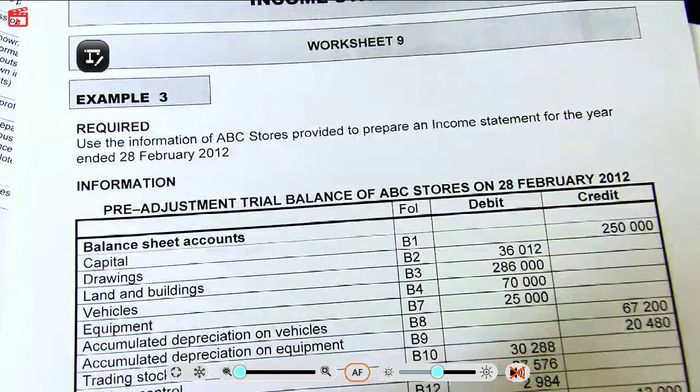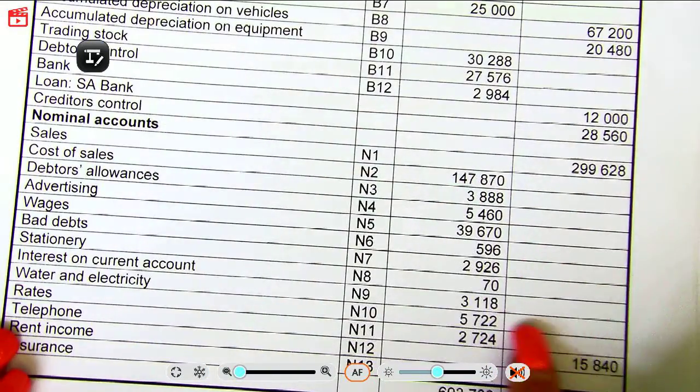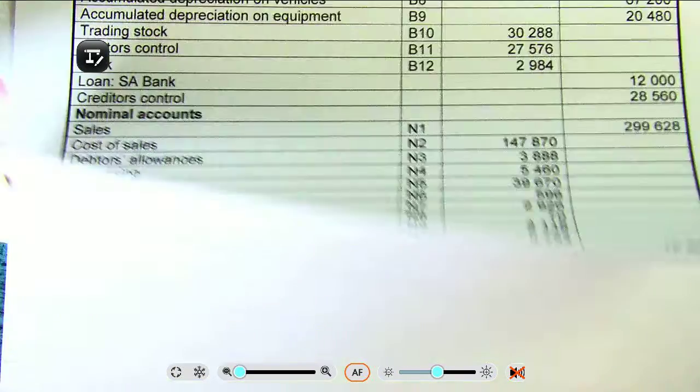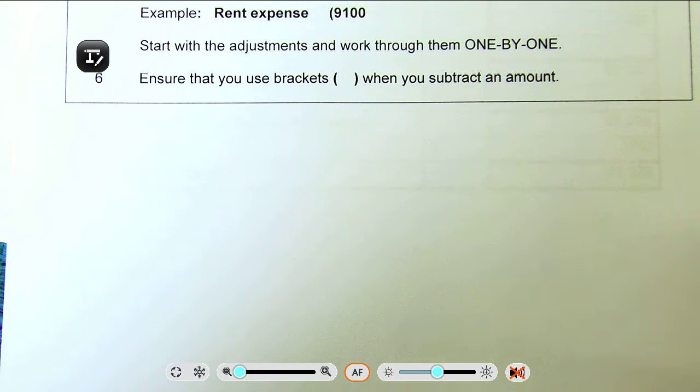So we take these amounts that they've given to us here in my nominal sheet. All of these are the amounts that we would write down. Okay.